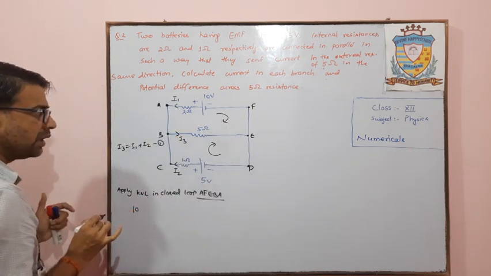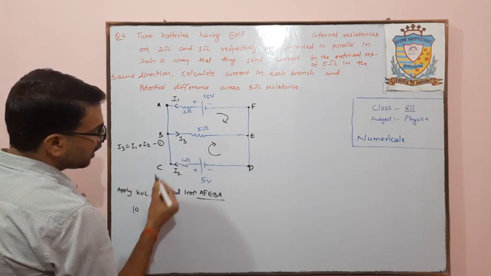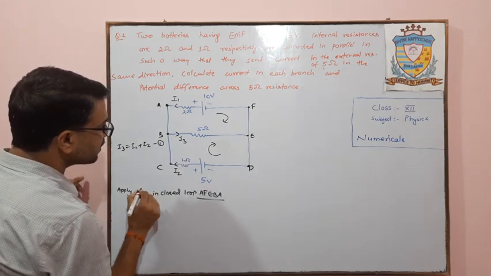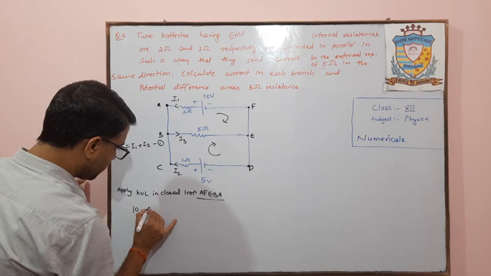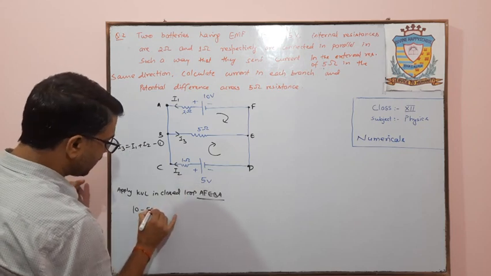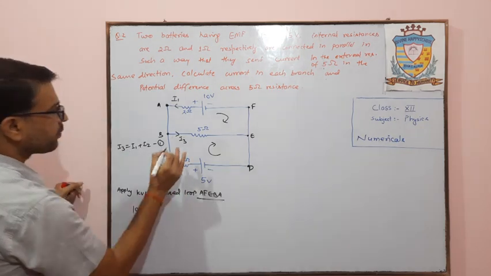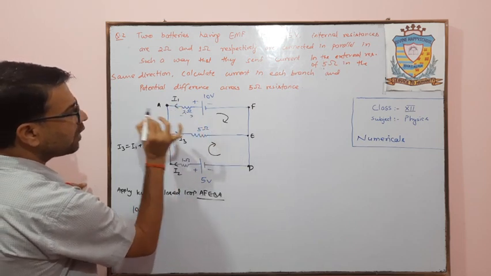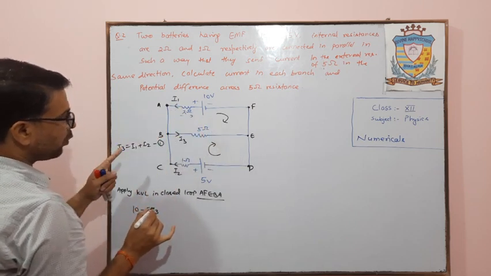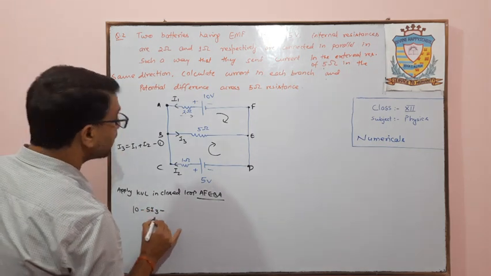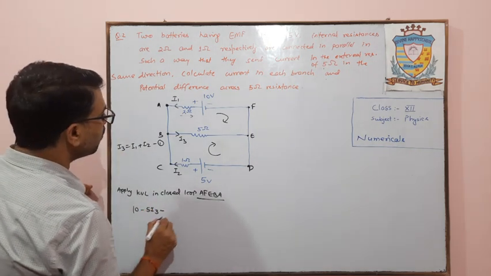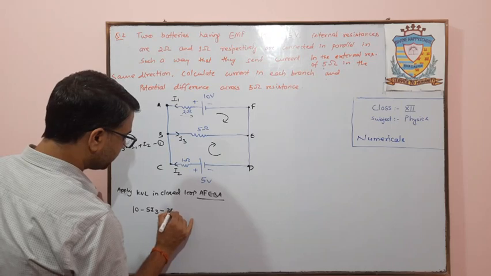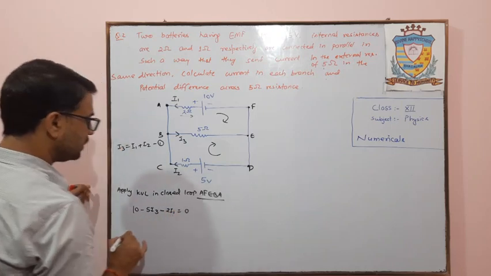They are opposite in direction, so we'll take a negative sign, so minus 5I3. At this point again the directions are opposite, so we take the negative sign, minus 2I1 equals 0.